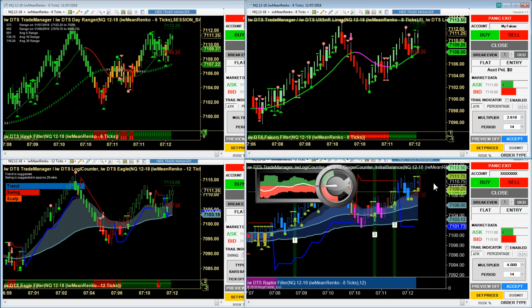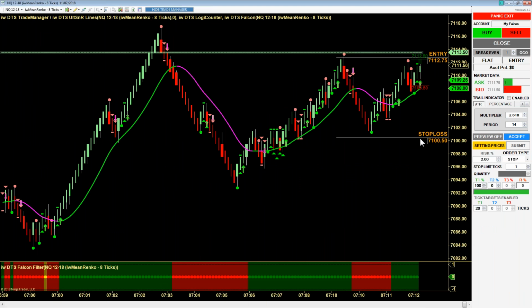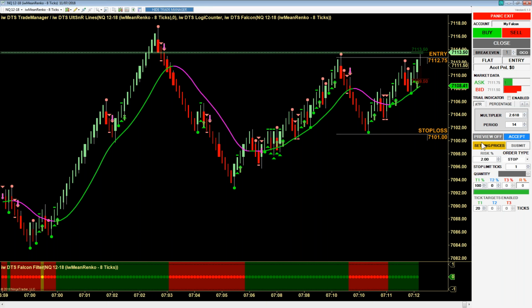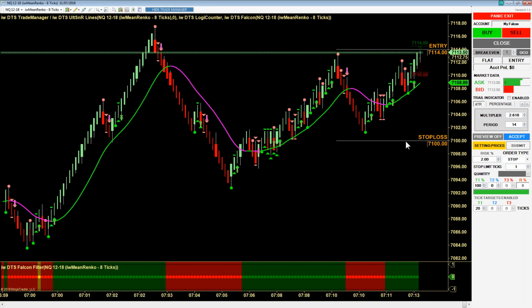Here we're actually getting a trend change signal on the Falcon, so we do have another opportunity to look at taking that, and it's going to run away on me here if I don't get busy.